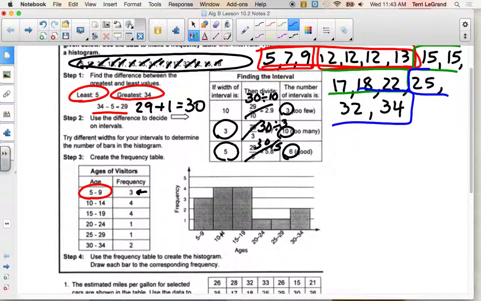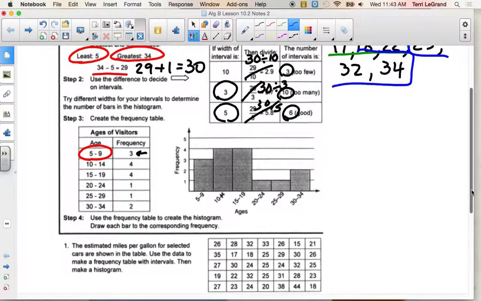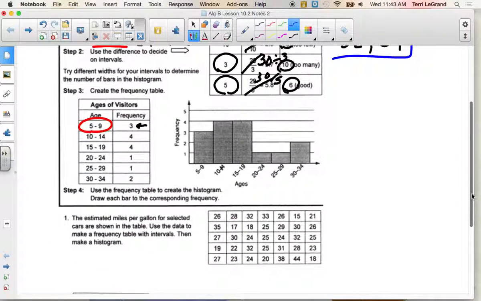We would only have 3 bars on our graph instead of the 6 we have. So we're trying to make a good decision about making a good graph that represents the data a little better. It's subjective, meaning you get to decide how many intervals there are going to be, but I'm going to sometimes help you make that decision, since you don't really know how to make it well by yourself yet.